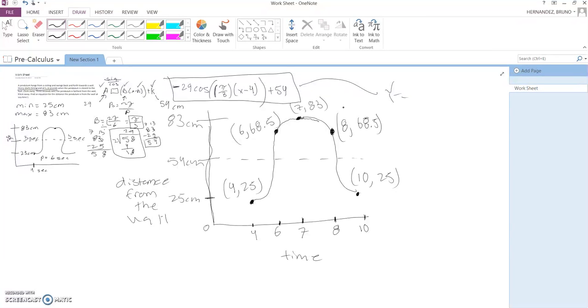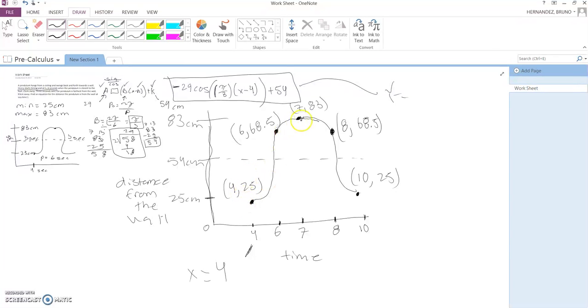If you want to check if these numbers are correct, you could press second graph, or where it says trace on your calculator. For example, you can plug in 4. You press 4, and it'll say x equals 4, and it'll take you to 4 comma 25.